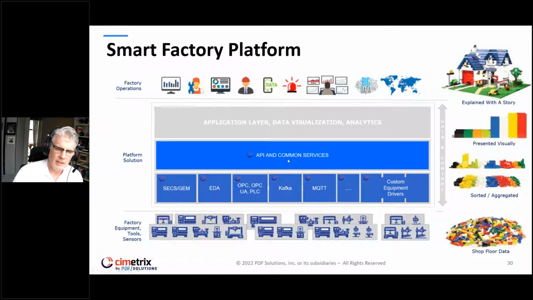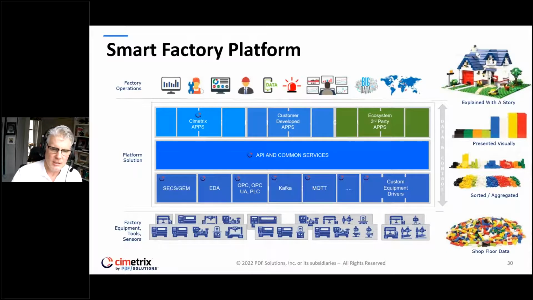So the next layer is a set of APIs, just common services that application developers can then use to create the apps and support the use cases that they're interested in. So we at Cimetrix and PDF, we have our apps. Our customers have apps. They develop integrations for existing shop floor applications that need this data, so we can integrate to those apps and allow producers to pipeline data into those consumers.